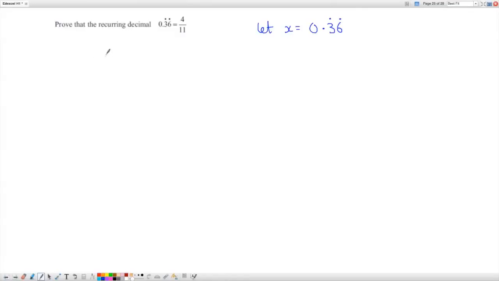Using that, I'm going to find 100x. This times 100 gives 36.36 recurring. We've shuffled along the decimal point.